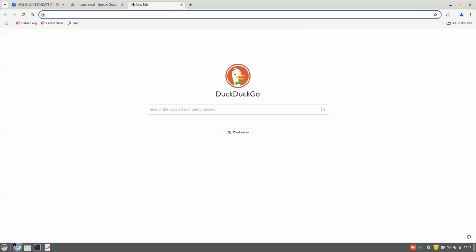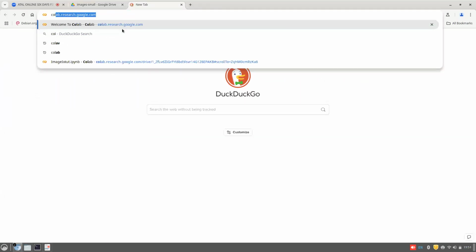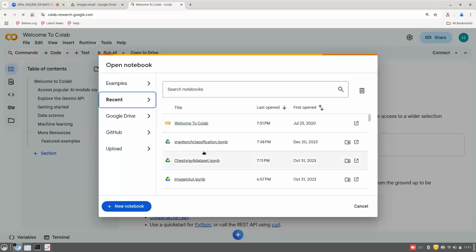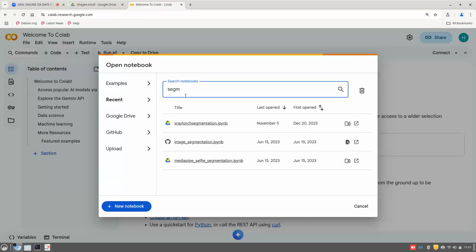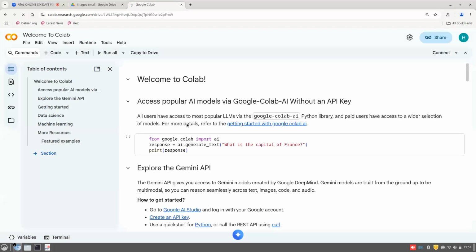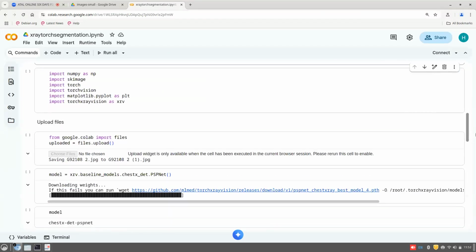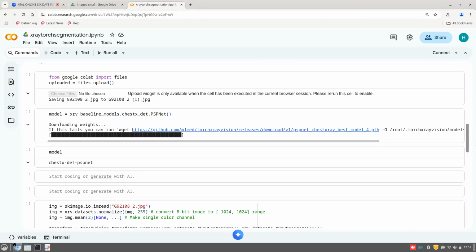And for the testing phase, not only is it used for classification problems, we can also use these neural networks for segmentation problems as well. One such example where torchxrayvision is used for a segmentation problem is here.